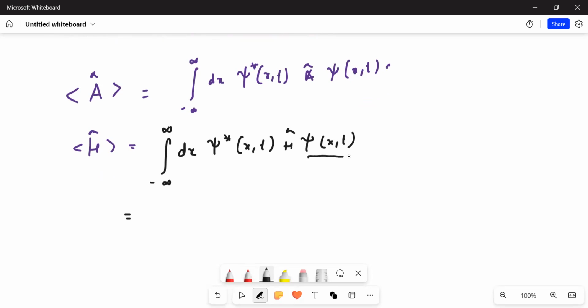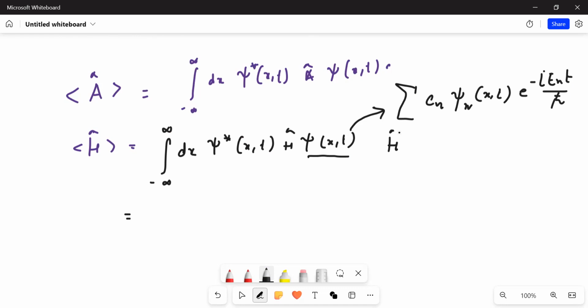If I can expand this in terms of energy eigenstates, and I'll add a caution that if H cap is applied to them, H cap psi is equal to E psi. Okay, so if it is psi n, it will give me En psi n.